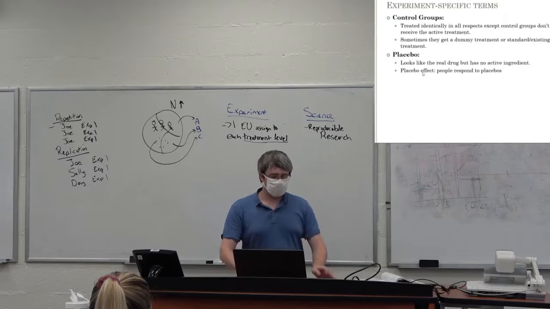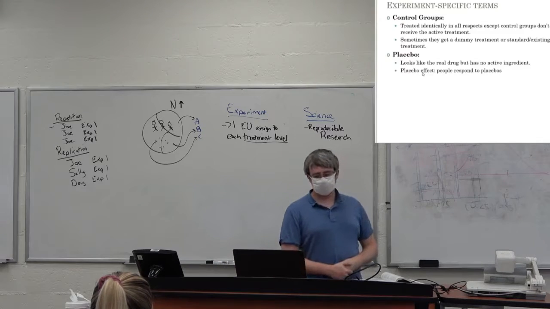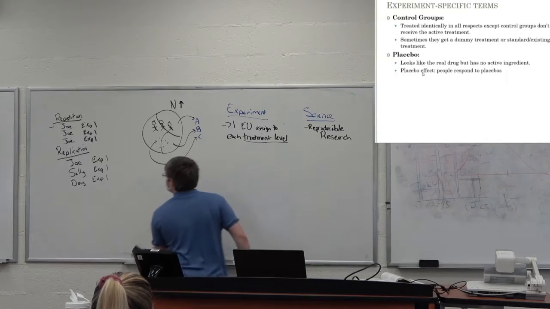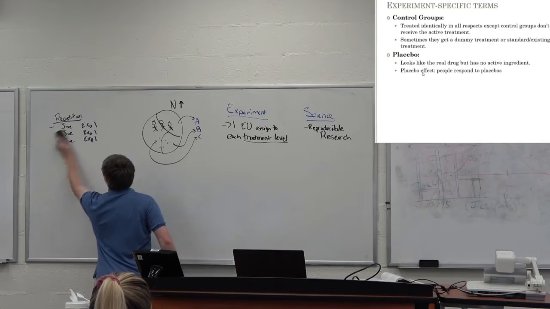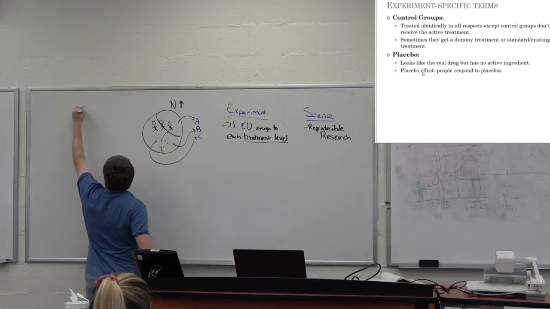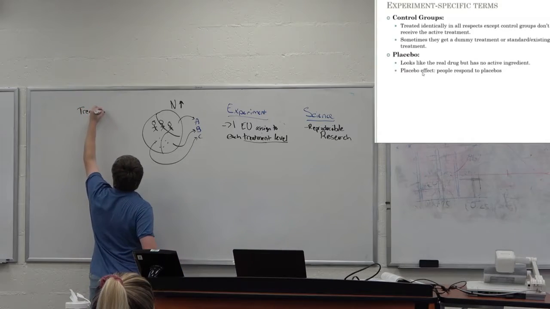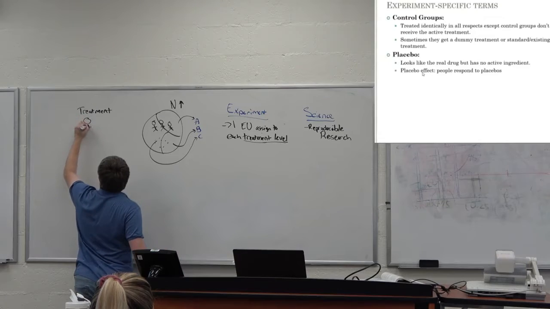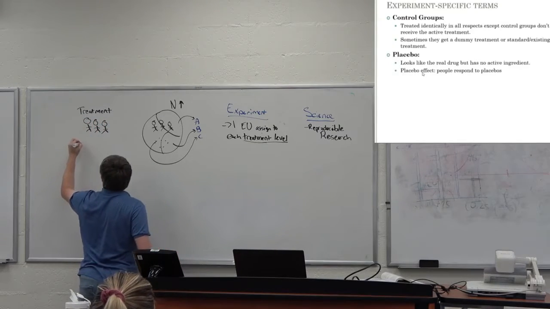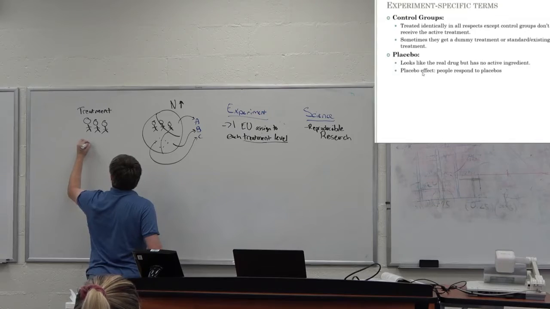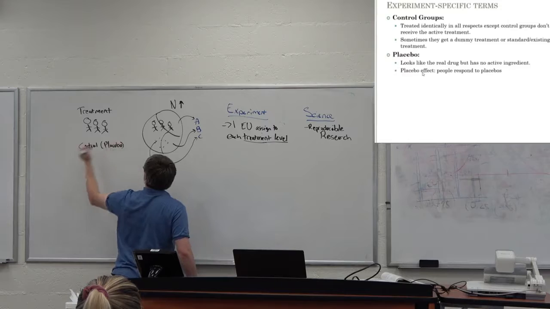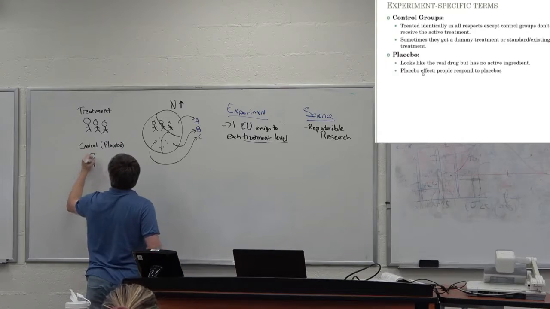So if you have a placebo effect, we have a treatment group over here with a whole bunch of people, and then we have the control, which will be the placebo in this case, with a whole bunch of people over here.